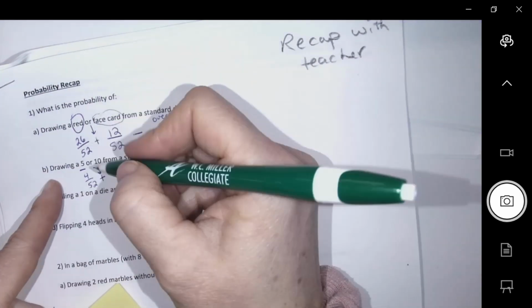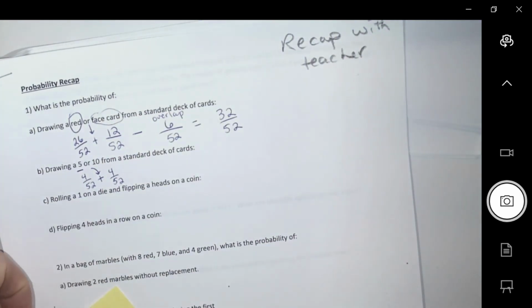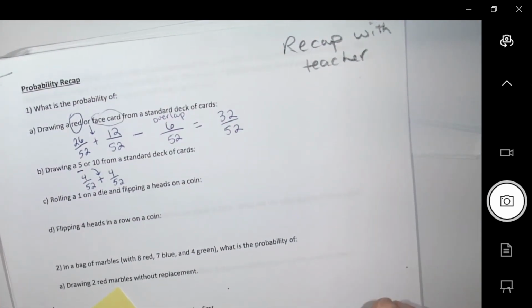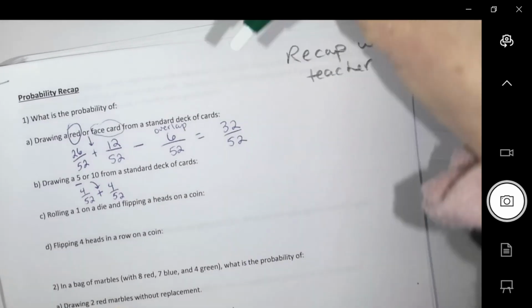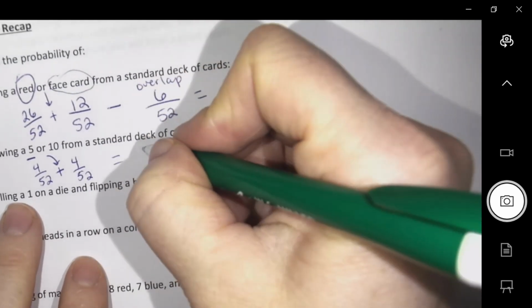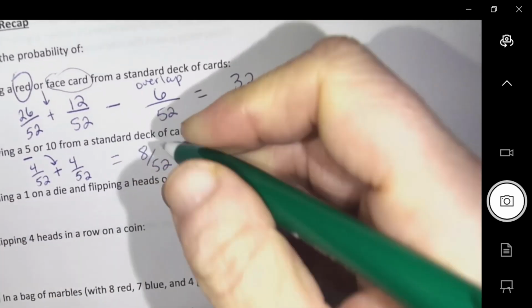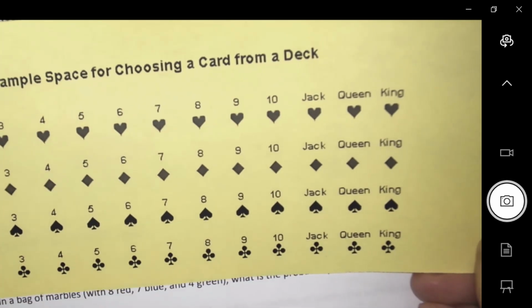So there's 4 of those. Do those overlap or are they independent? Was there anything that overlapped? No, so that's it. There's 8 cards in the deck that would fit that. Either a 5 or a 10. Well, there's 8 of those.